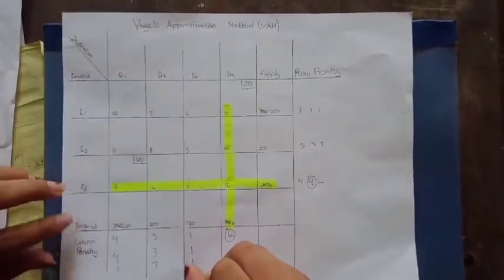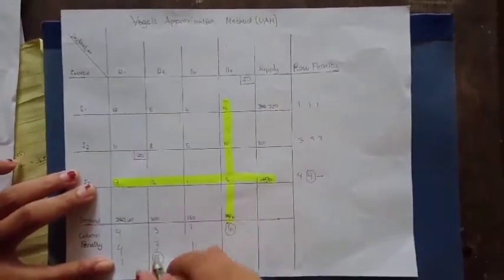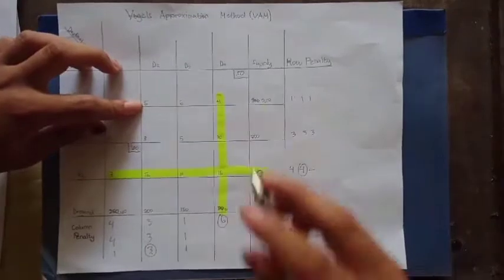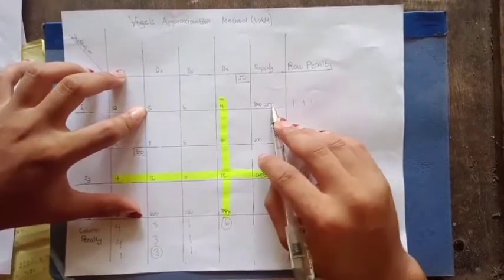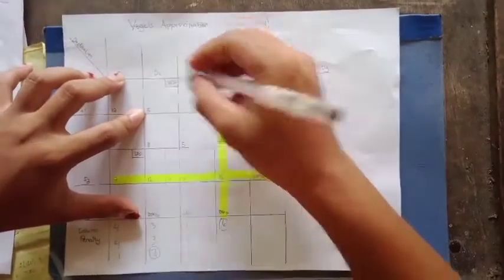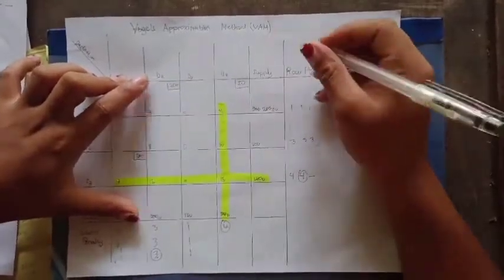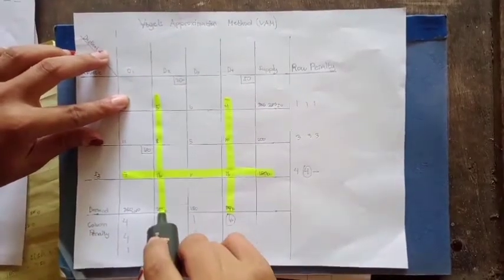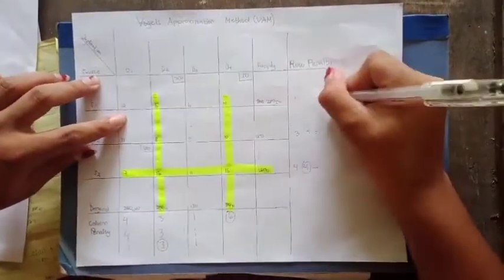So we need to find the biggest value, so we have 3, and then we need to find the smallest value here, so we have 5. So we have a demand of 200 and a supply of 250, so we need to allocate 200 here and then cancel. Then 250 minus 200, we have 50. Then this is already satisfied.